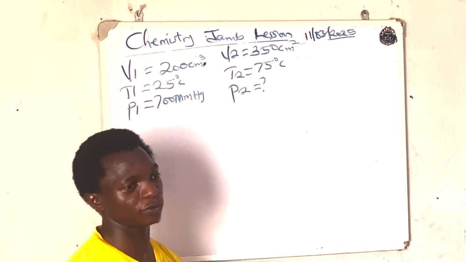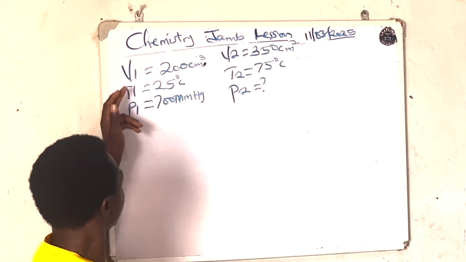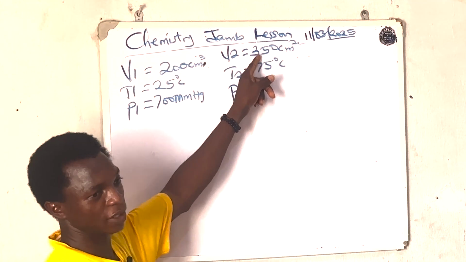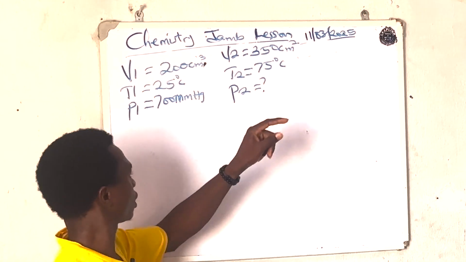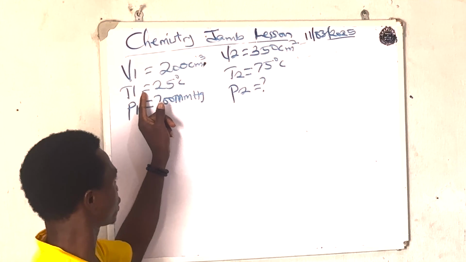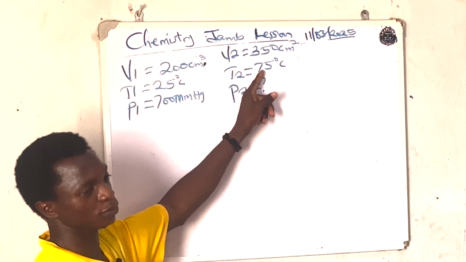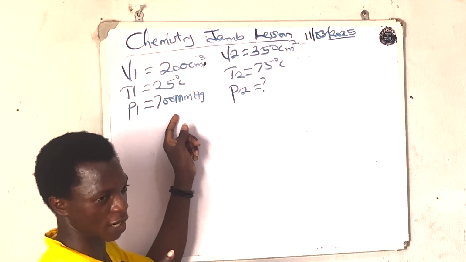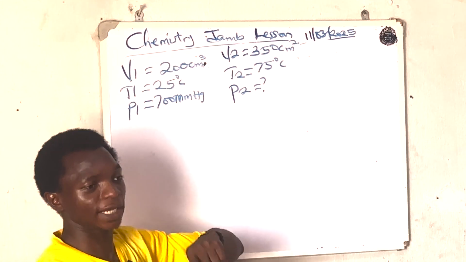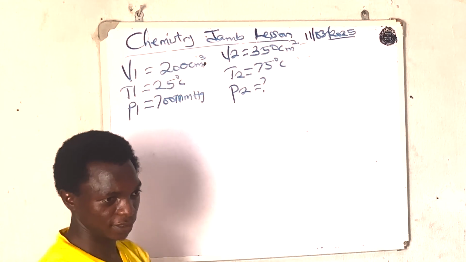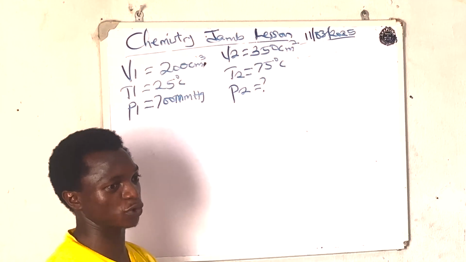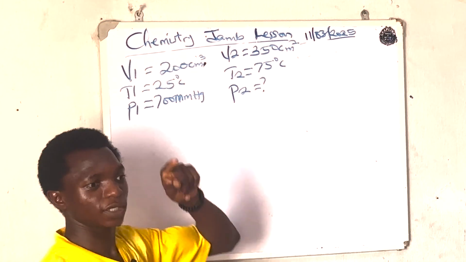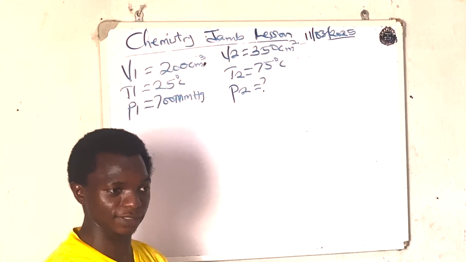Now look at what happened in this question. The volume of the gas increased from 200 to 350. The temperature also increased from 25 to 75. And the pressure, which is what we're asked to find, is likely to decrease. If this question must obey Boyle's law, because the volume increases, then the pressure must decrease.